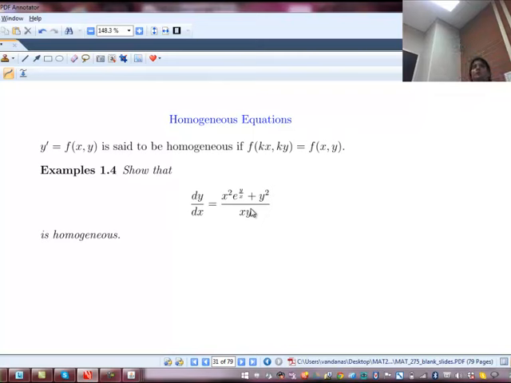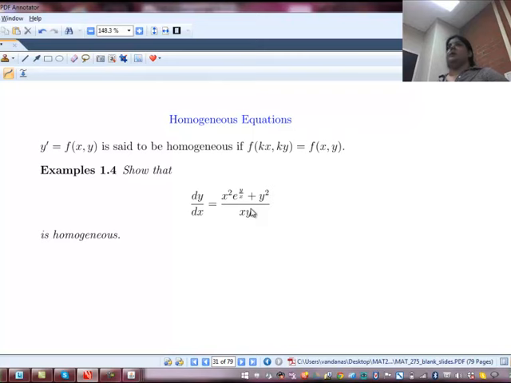Non-linear. What's the method to solve a non-linear first order differential equation? What's the method so far we have learned to solve first order non-linear differential equation?